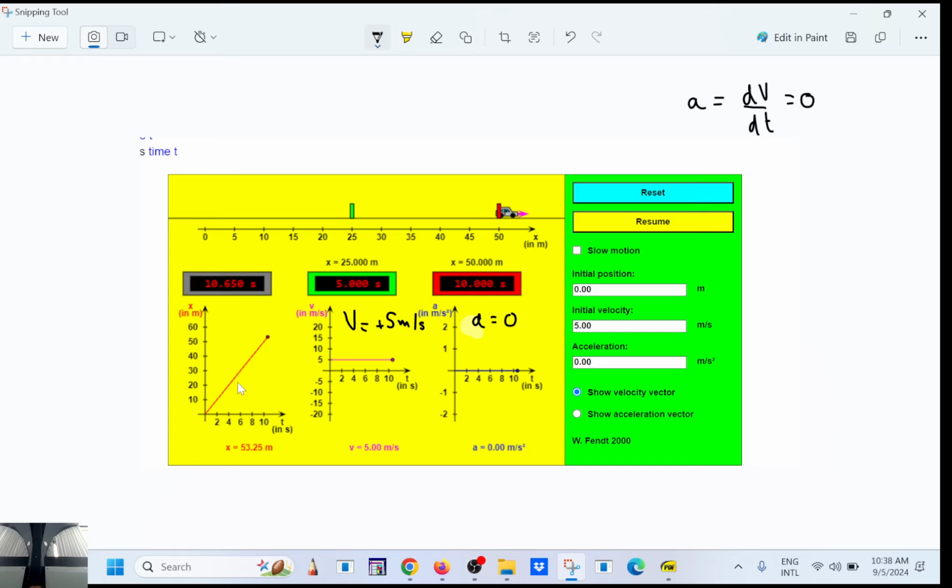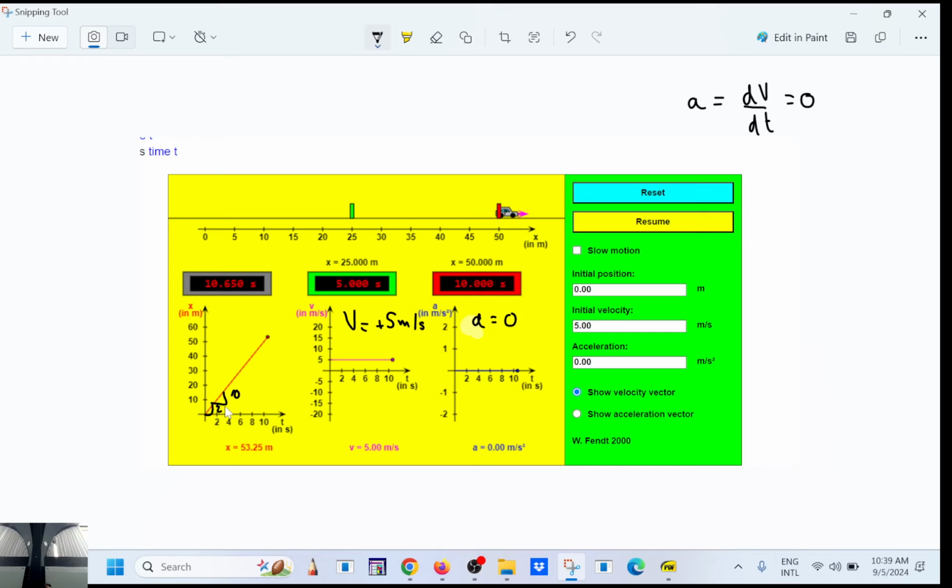And then you get to the position. Okay, you see that every step of 1, you go up by 5. Or you can say every step of 2, you go up by 10. Okay, so the slope is a rise of 10 and a run of 2.